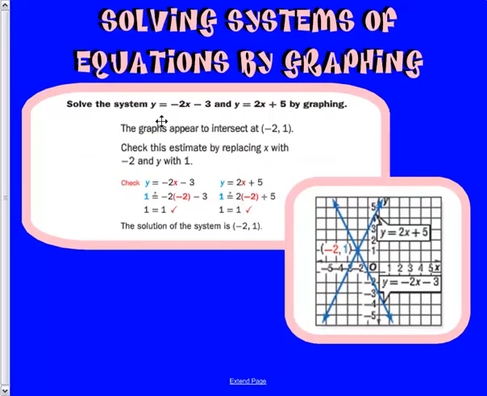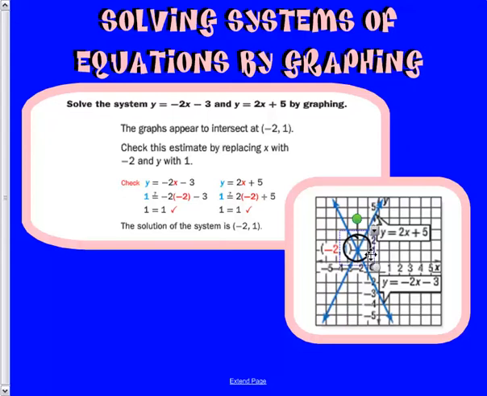If we wanted to solve this system of equations where y equals negative 2x minus 3 and y equals 2x plus 5, we can graph both these equations by plotting the y-intercepts and then the slope, and finding that the solution to both equations would be at the point of intersection at negative 2 comma 1.